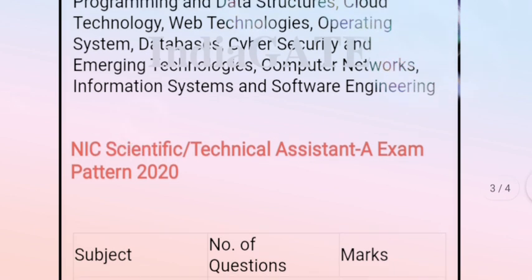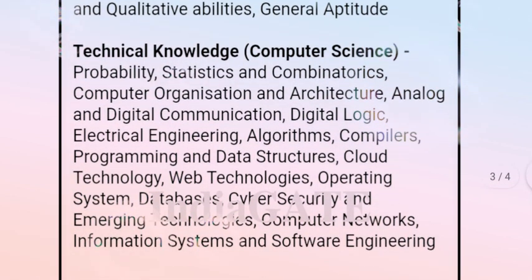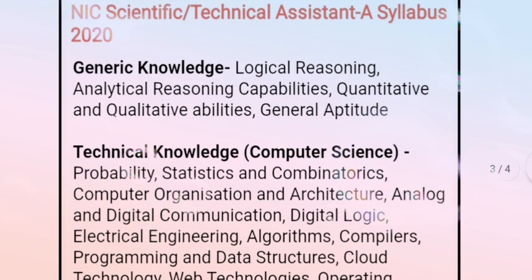So these are the most important syllabus topics for Scientific Technical Assistant A.